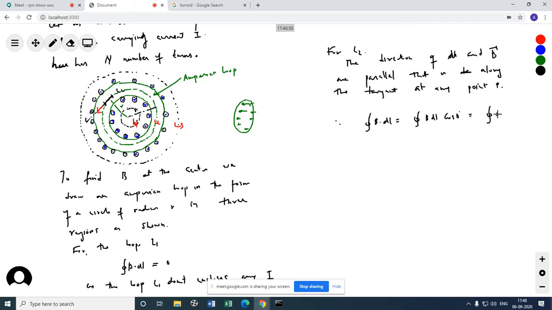Therefore, I get here the line integral of B dot dl equals mu naught I. Isn't this ACL? Okay, so using Ampere's circuital law, I can write this. B times the integral of dl equals mu naught I. So if I integrate all the dl elements over this closed curve, I should get how much? 2 pi radius.